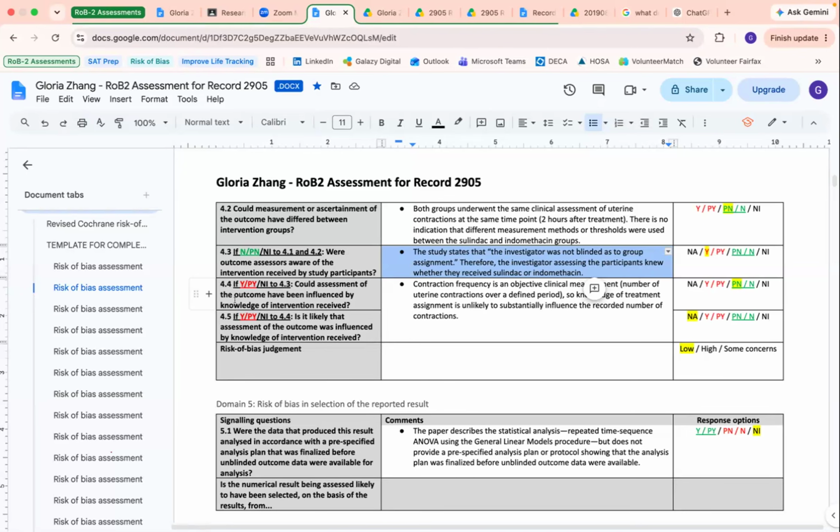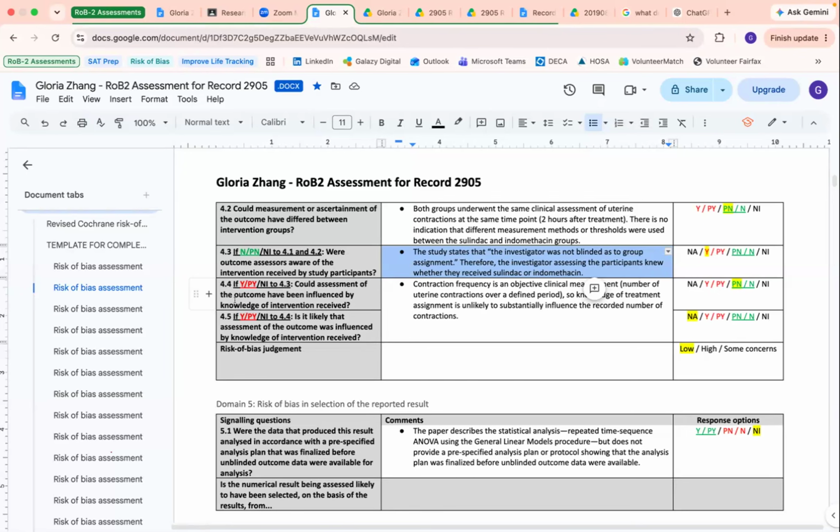Yeah, I think I agree with Mr. David. Under the methods section, it explicitly stated the investigator was not blinded, so we can assume there was one investigator for the entire study. So the investigator assessing the participants would have known which intervention they received.